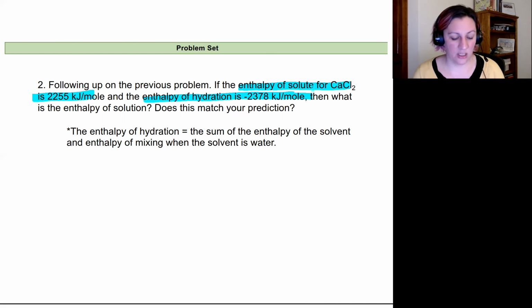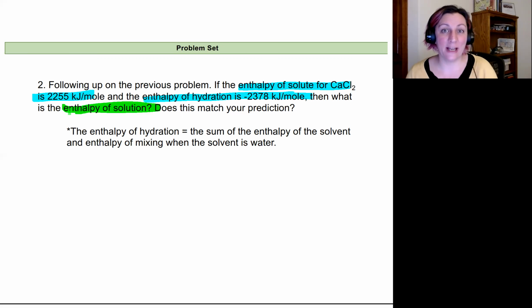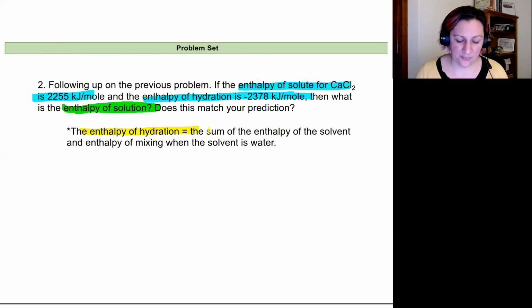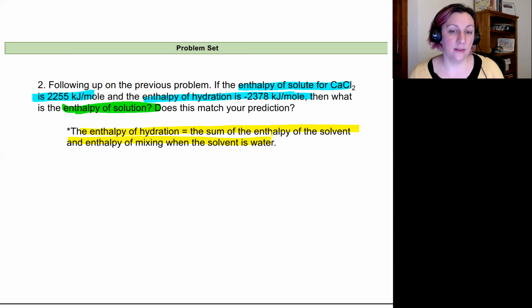And so the question is really, what is that enthalpy of solution? Now, enthalpy of hydration is a new word, right? So enthalpy of hydration is going to be the sum of the enthalpy of solvent and the mixing enthalpy when the solvent is water. Why did we have to combine these? Why can't we keep it all separate?